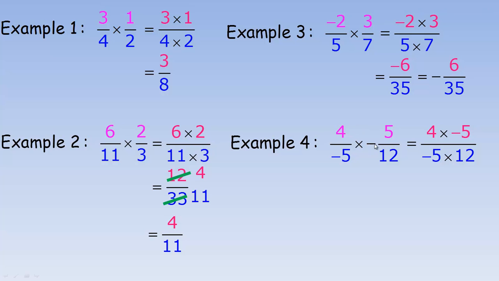So 4 times -5 in the numerator, -5 times 12 in the denominator. So 4 times -5 is -20. And -5 times 12 is -60. Now, they're both negative, and we're going to reduce this. And there is a simpler way to do this, but I want to explain things rather than just giving answers.